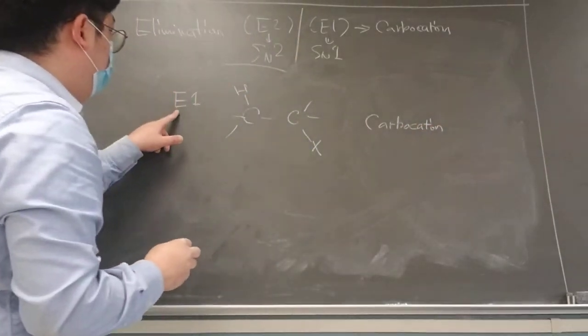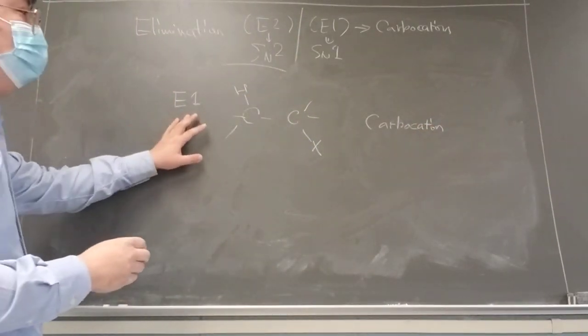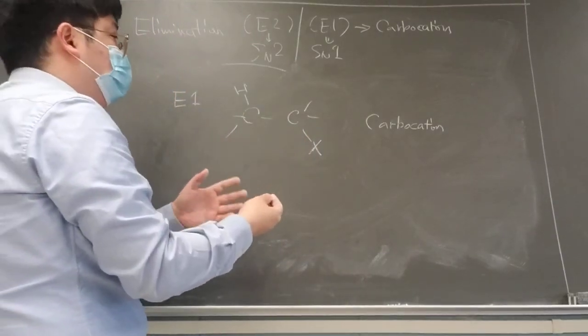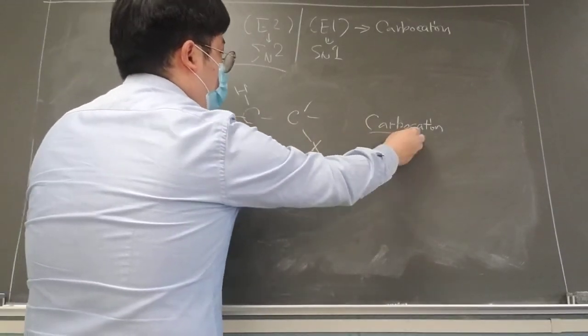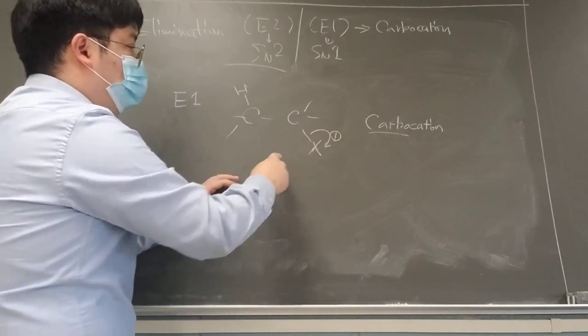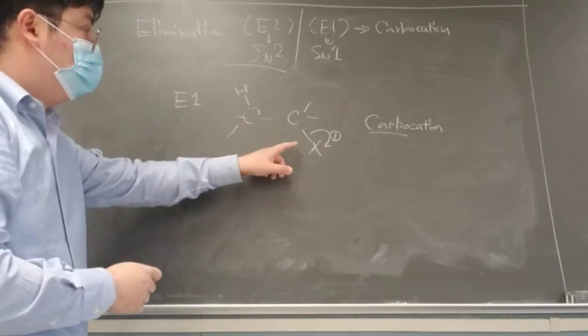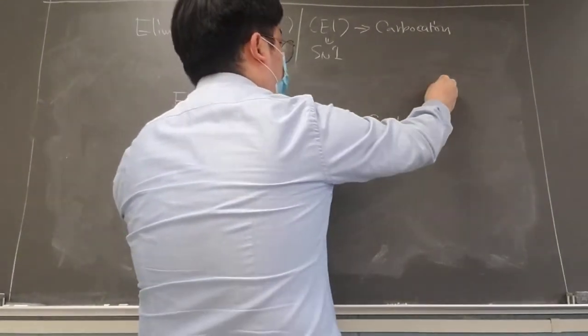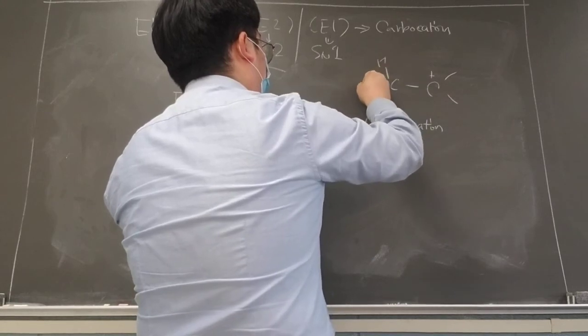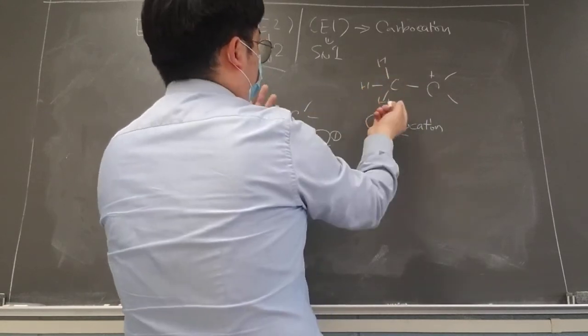Whenever we have an E1 elimination process over here, this will also happen in two steps, meaning you're going to have a carbocation first. The leaving group will leave first, so this will leave first and become a carbocation, or it could be anything.